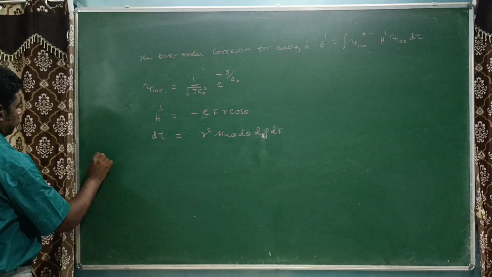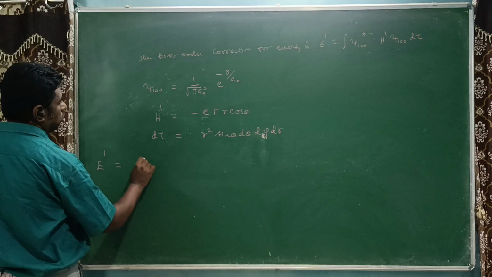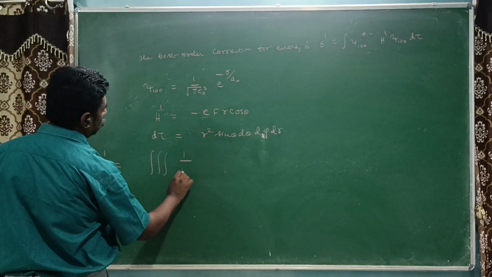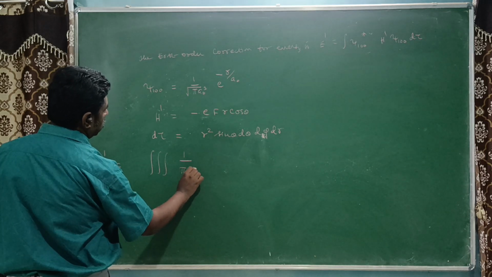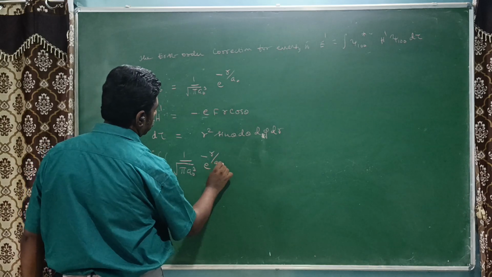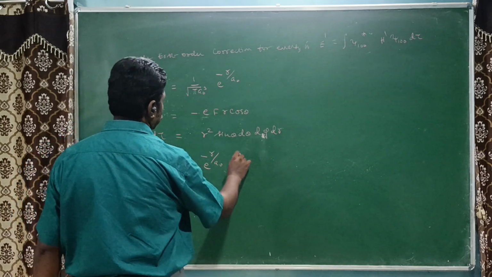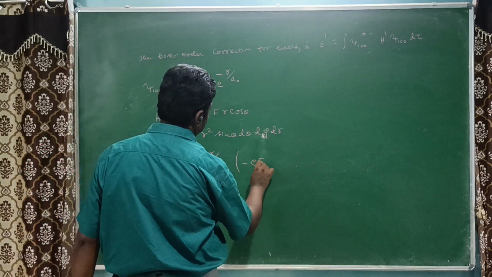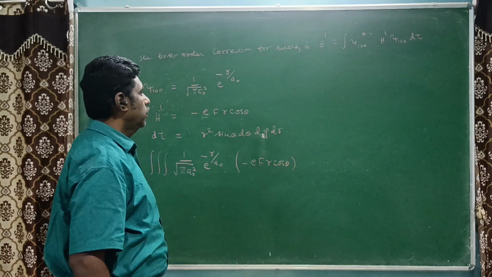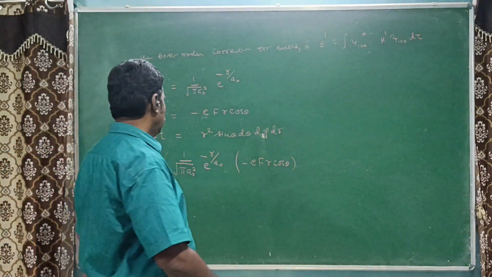Now the first order correction E1 equal to the triple integral of 1 by root of pi a0 cube, e power minus r divided by a0, times minus e F r cos theta. This is the value of H1.